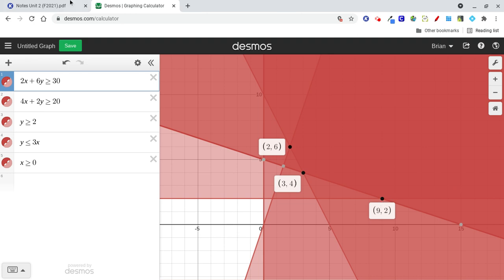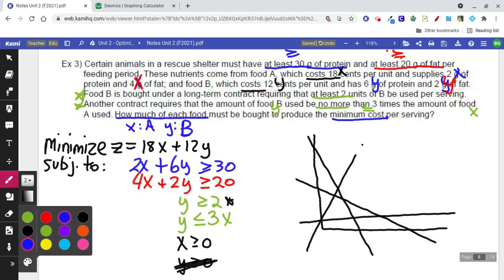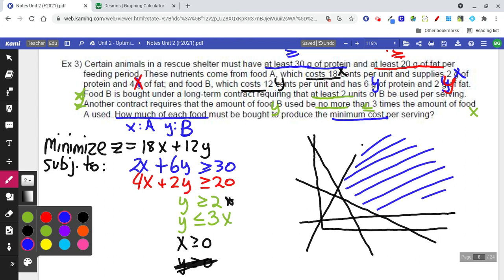Oh, and then a flat one. Okay. So we had a corner point here and, well, feasible region. Unbounded.